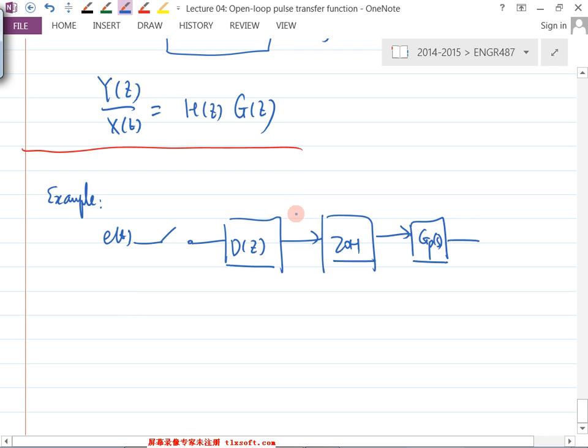What's coming out of here is M of k, discrete. The digital controller typically can be programmed using a difference equation. So in this particular case, my difference equation is this.